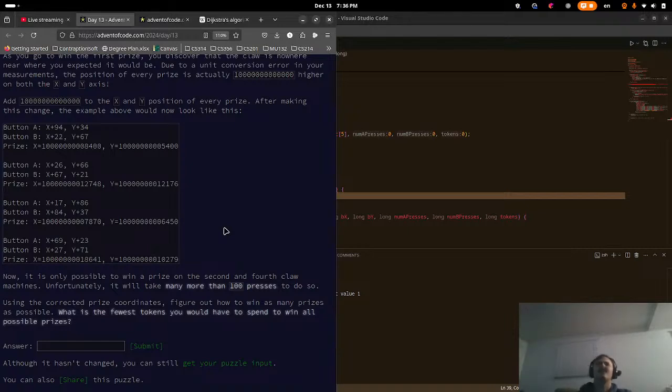T1 is in range 600, T2 range 600. The cost is three times, okay, that's the number of tokens, times T1 plus T2.